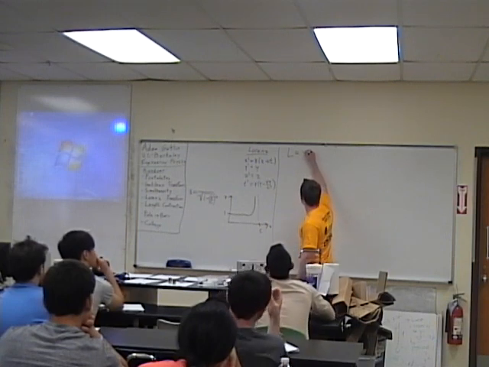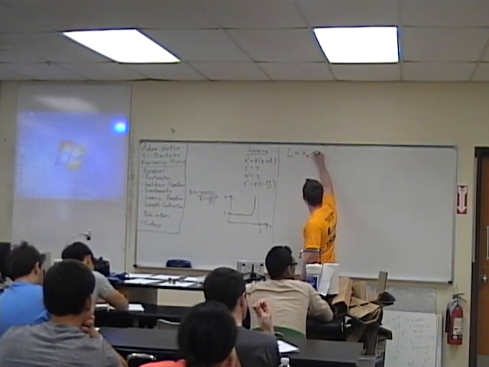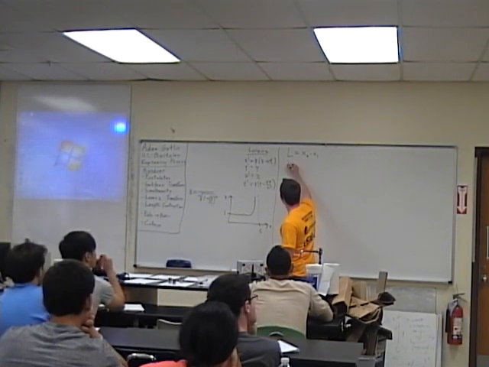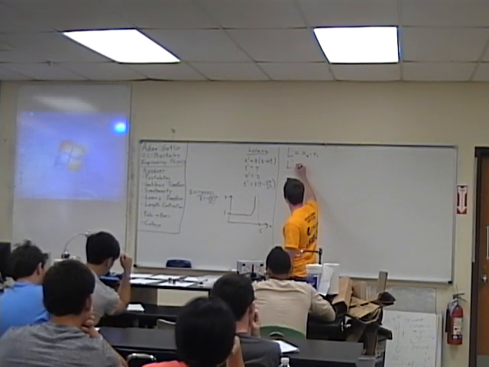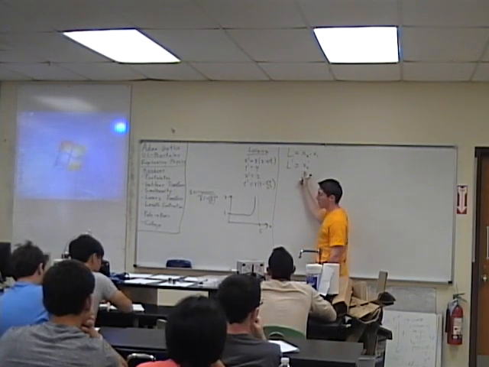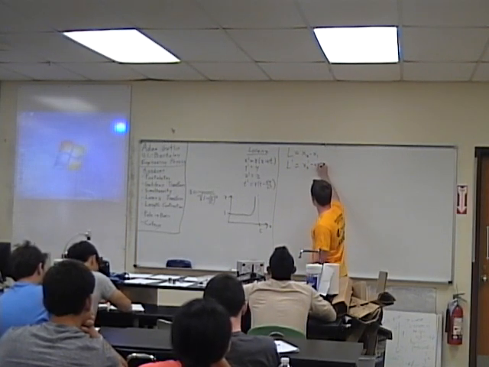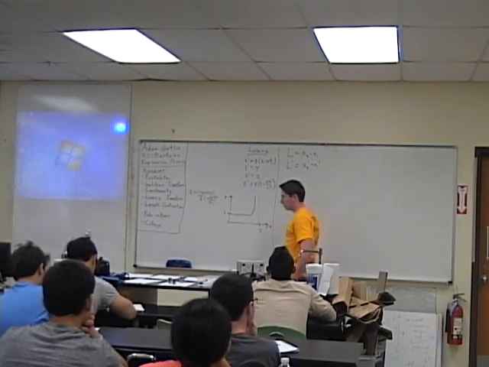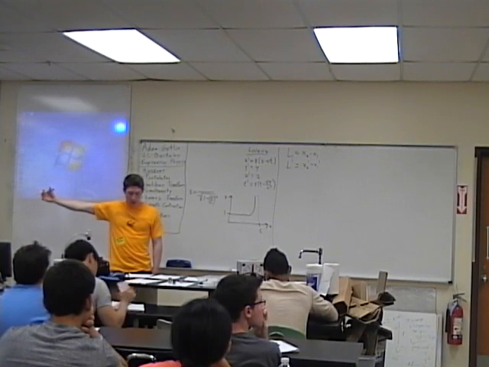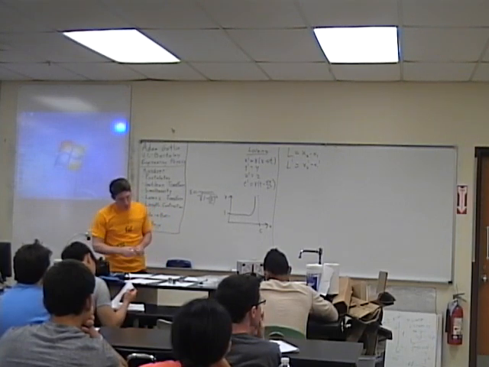So let's call it x2 minus x1. Make sense? So the length in the prime frame that we had defined before would be the x2 position in the prime frame minus the x1 position in the prime frame. This is just where we make the measurement from the end of the object to the beginning of the object.